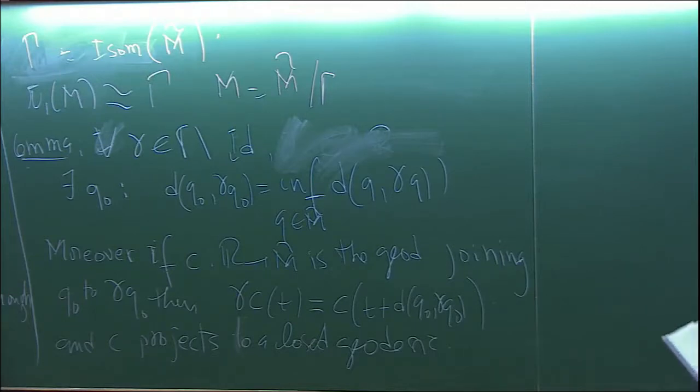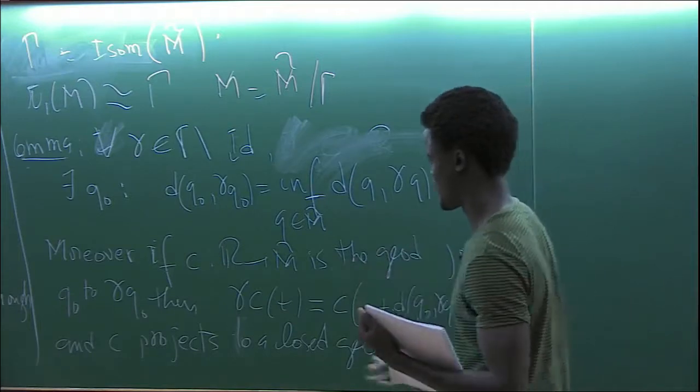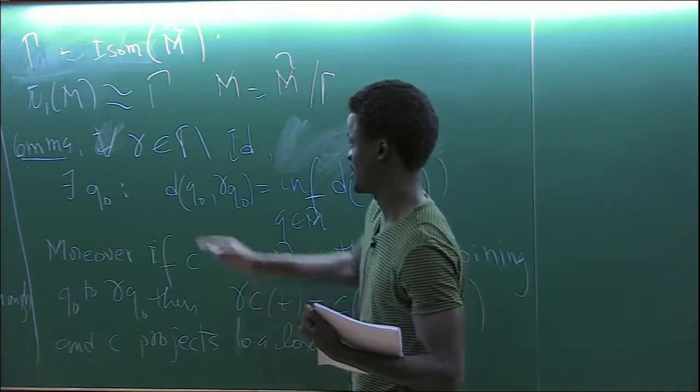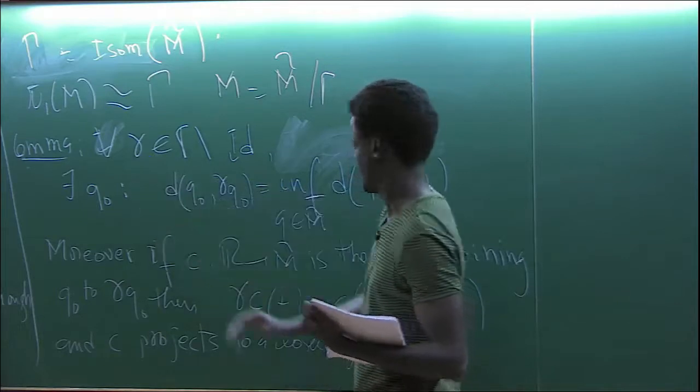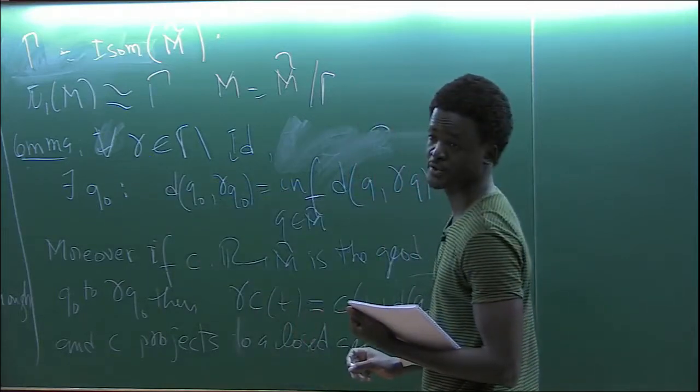So basically, what is this saying? That you can have a correspondence between closed orbits downstairs and elements of the fundamental group, and this quantity is related to the period of the closed geodesic.